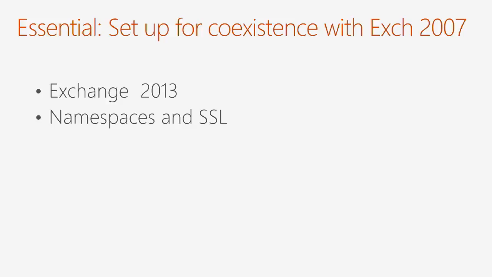We needed namespaces and an SSL certificate. So we needed our namespaces for our 2013 environment, for OWA, for ActiveSync, and for AutoDiscover. And we needed a SAN certificate purchased and installed on our Exchange servers. We needed basic load balancing installed because we did want to deliver the requirement of having geo redundancy across our 2 data centres.